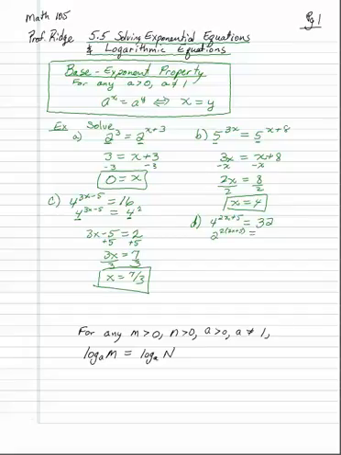So what I'm going to do is rewrite it as powers of 2. Now I can drop the bases and get 2x plus 5 equals 5. And then I can continue there. So that's 0, so I get 0.